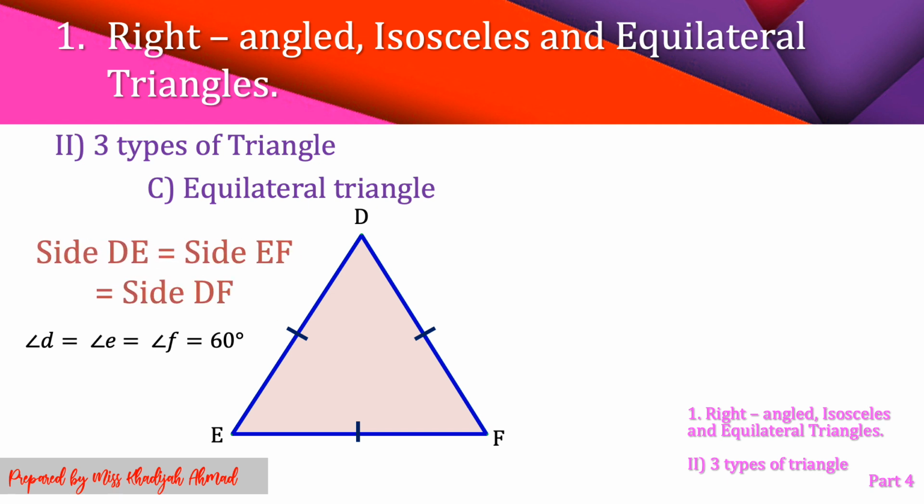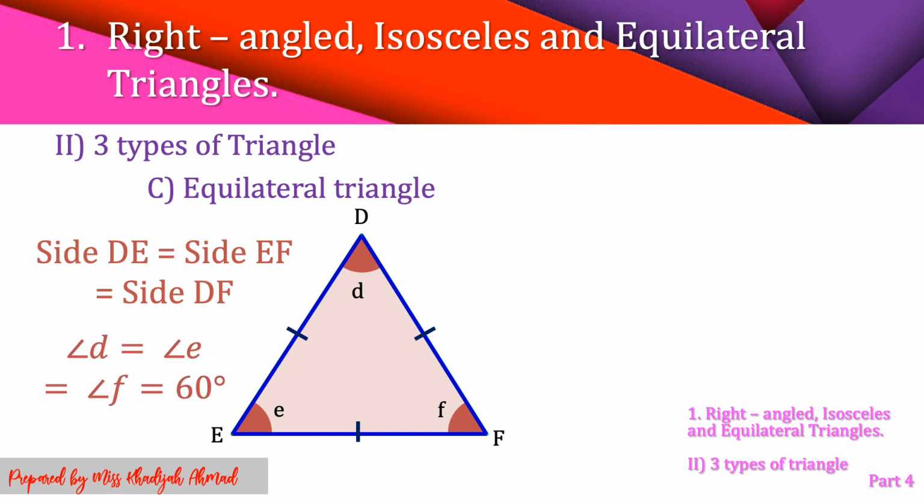Because of this, our angle D, angle E, and angle F are automatically equal size. Angle D is equal to angle E and angle F, and all that angles are equal to 60 degrees.